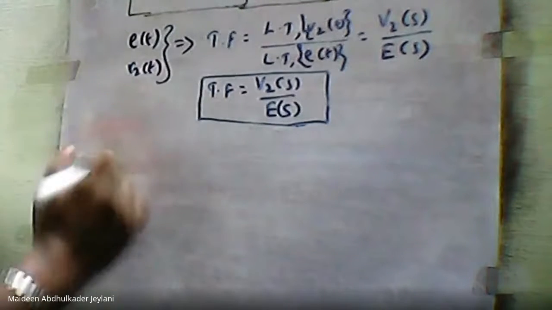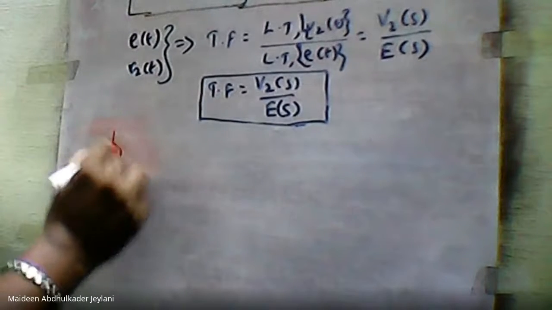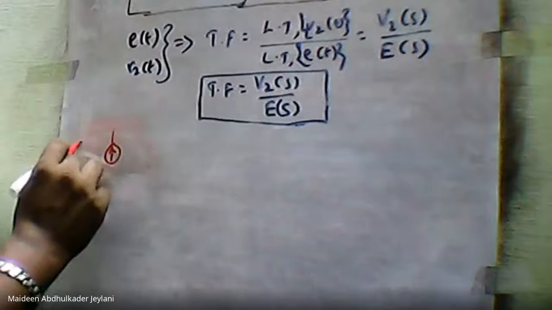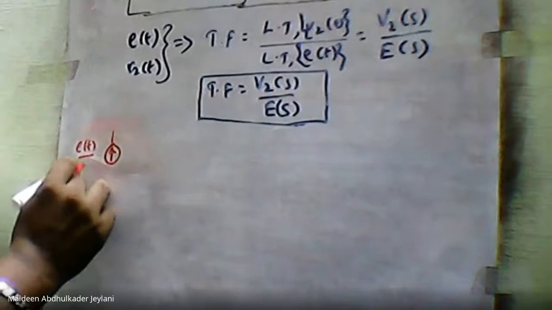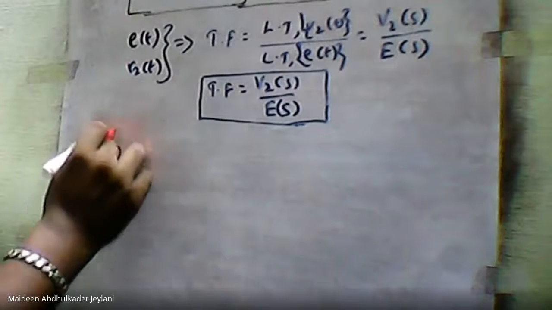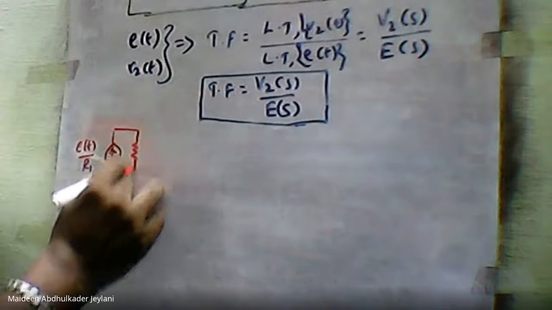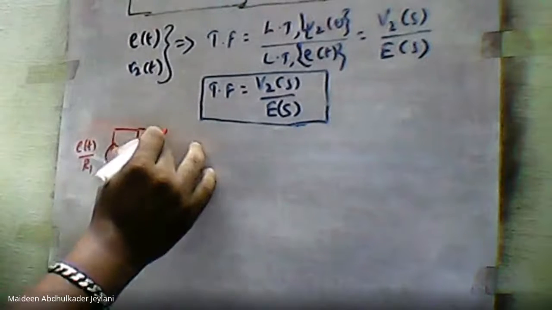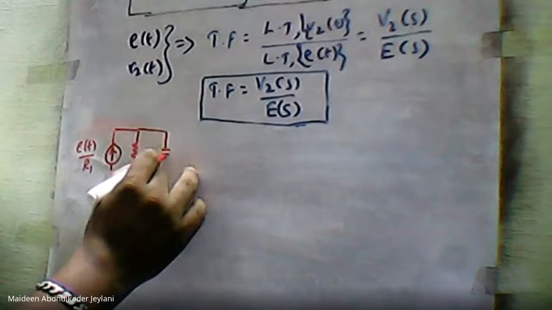If we convert our voltage source into a current source, it is E of t divided by R1. Then R1 becomes parallel with the source. Clear? And then I have a capacitor C1.